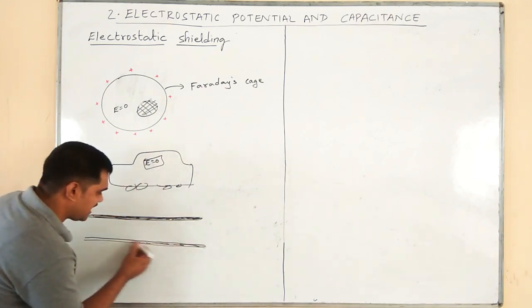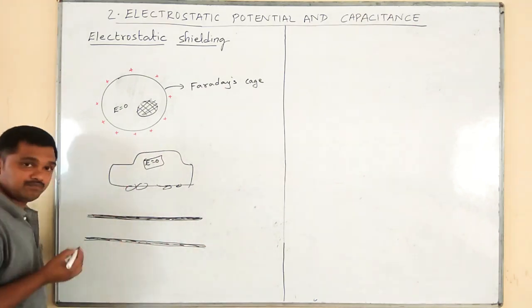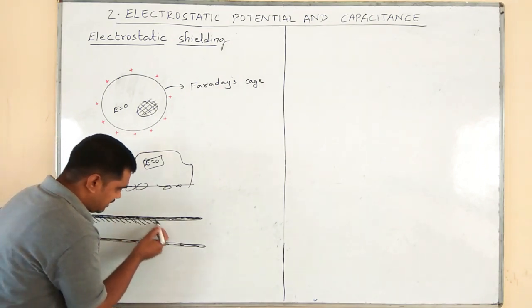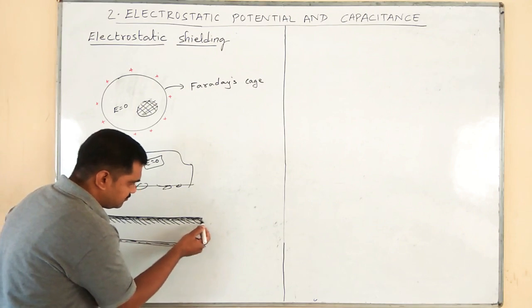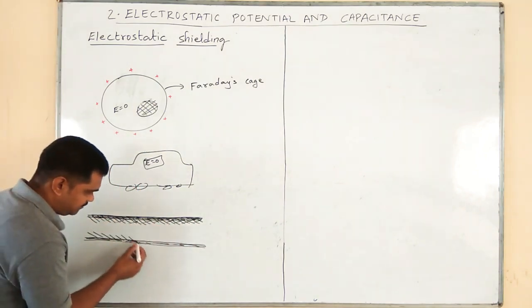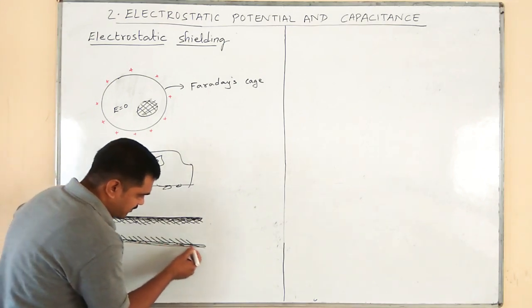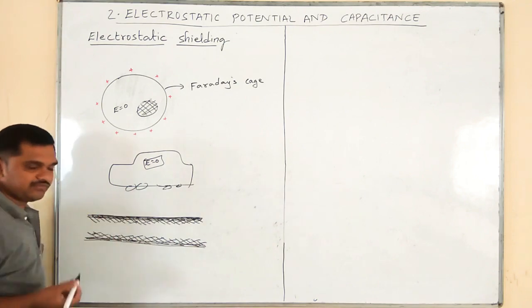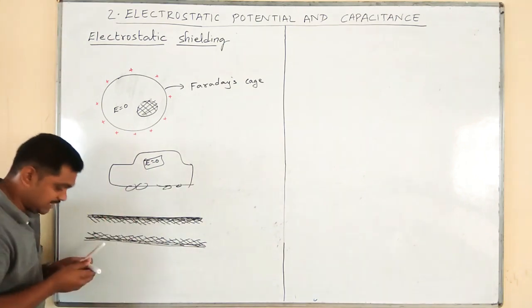Inside that black color coating, there is a metallic mesh like this, which prevents or reduces the effect of harmful external electric fields.